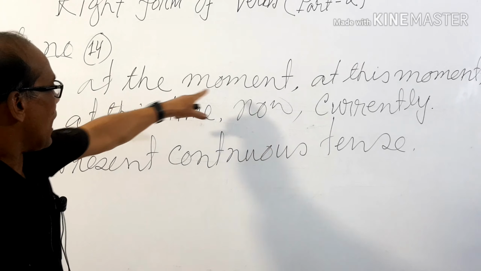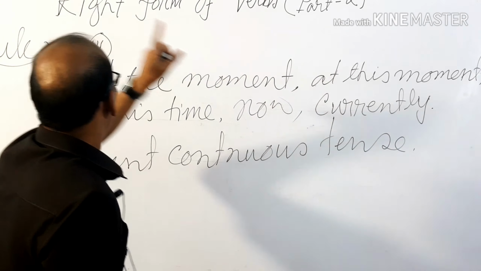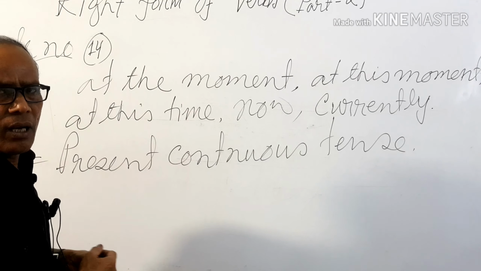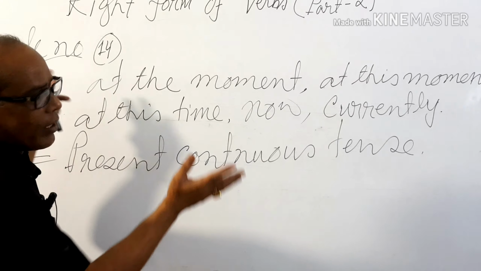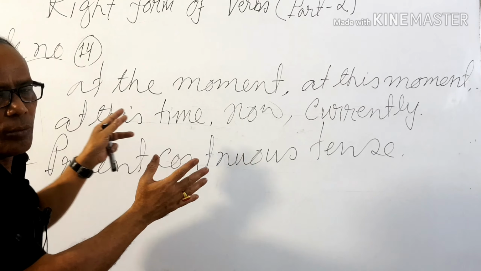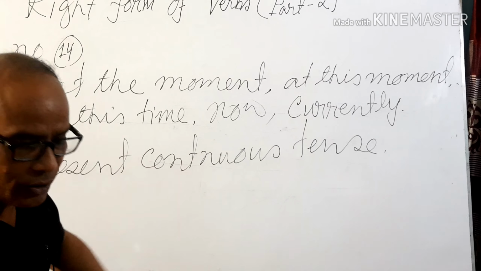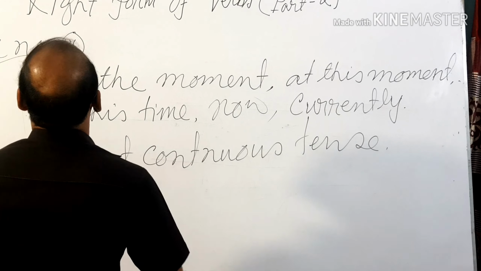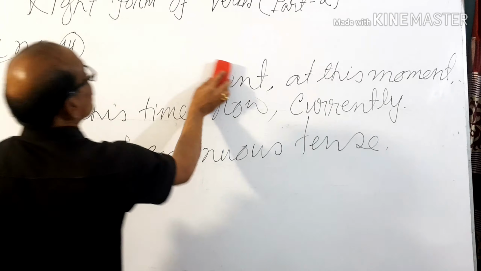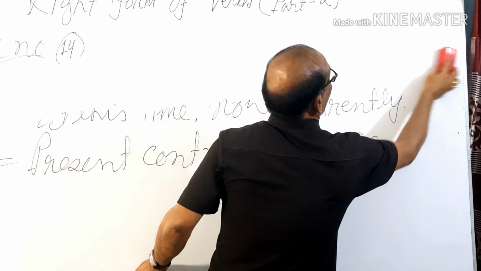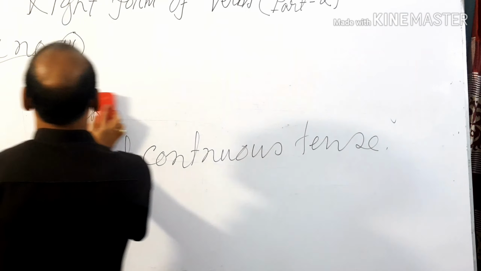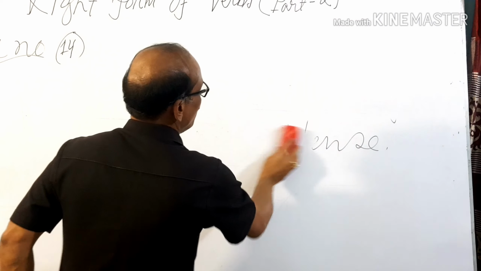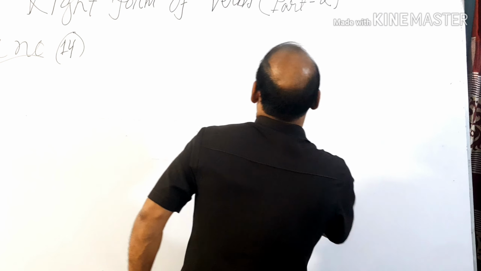If we find at the moment, at this time, now, currently, these adverbs in any sentence, that sentence will be in present continuous tense. And of course, we know the structure of present continuous tense: subject plus am, is, are as the helping verbs plus V1 plus ing plus extension.